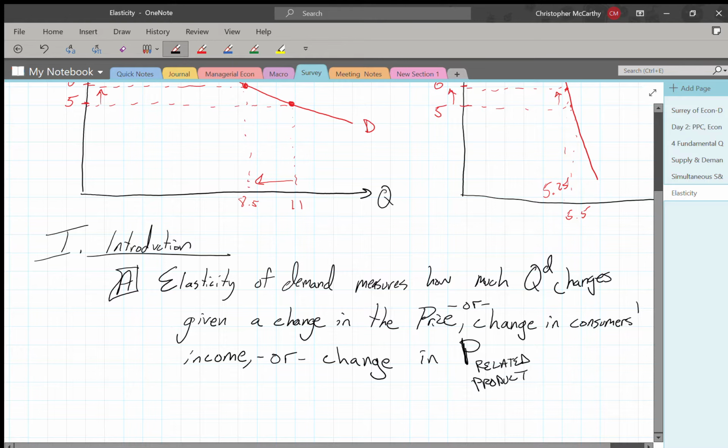What kind of related product? A complement or a substitute, right?